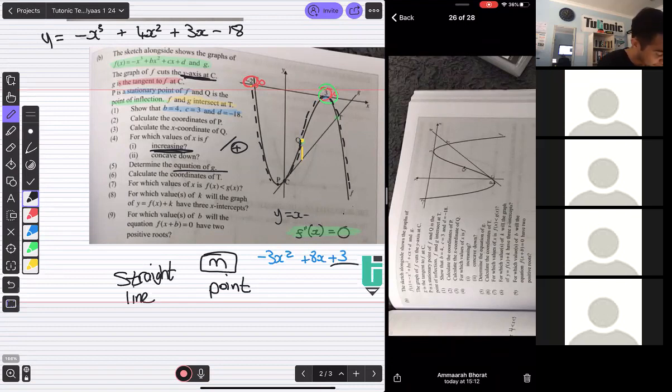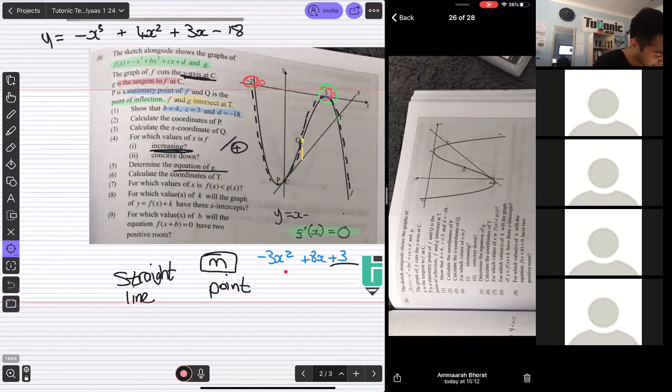So I'll just explain quickly. We want to work out the gradient of the graph at C, because we know that the tangent cuts the graph at C. But C is the y-axis, where the graph touches the y-axis. So the y-axis is where x is naught.